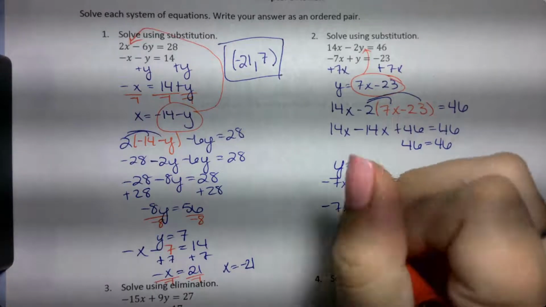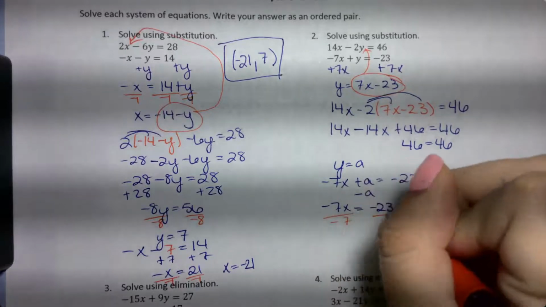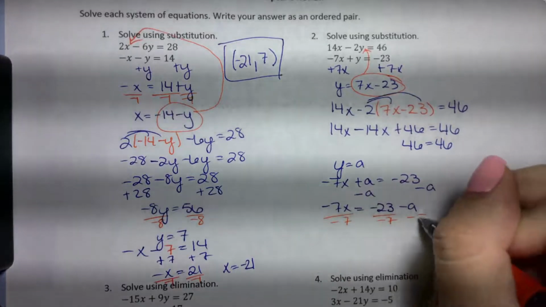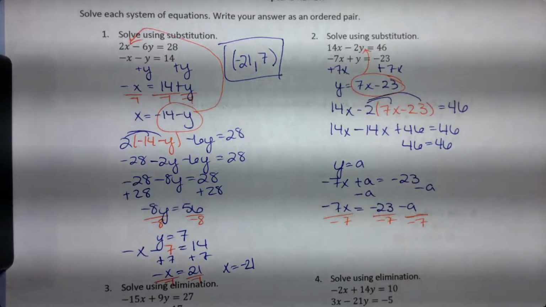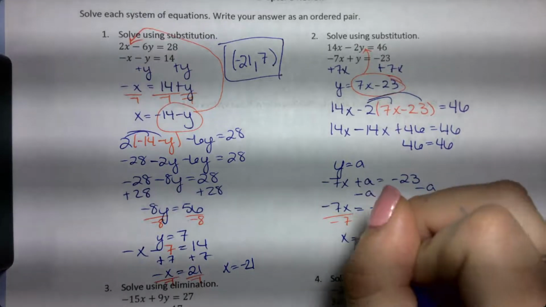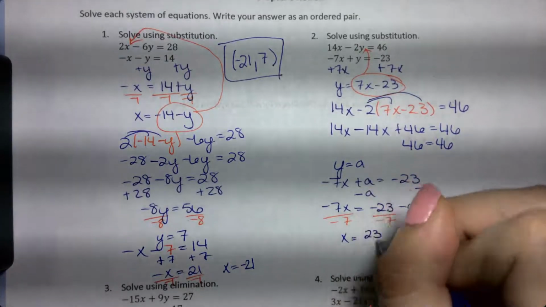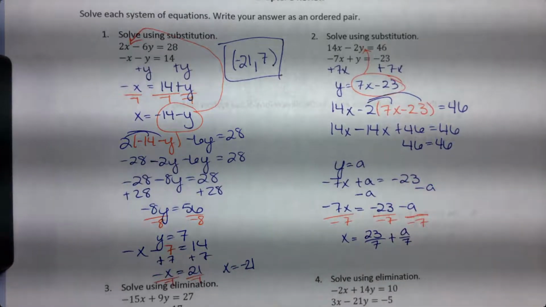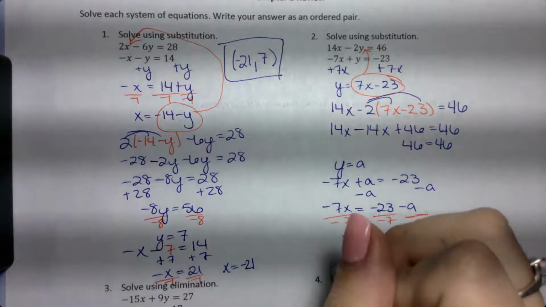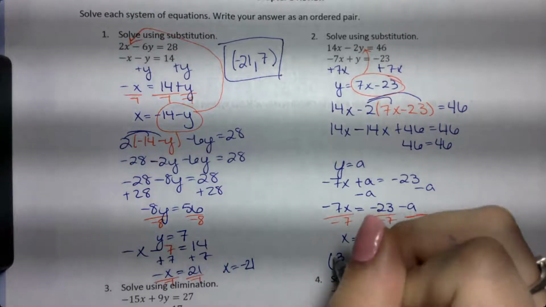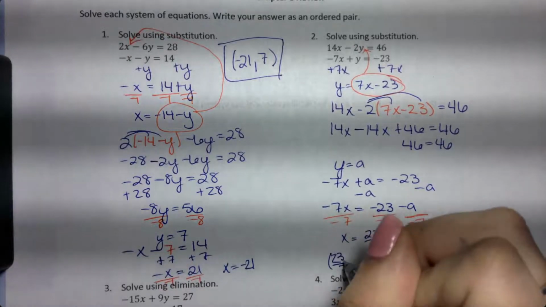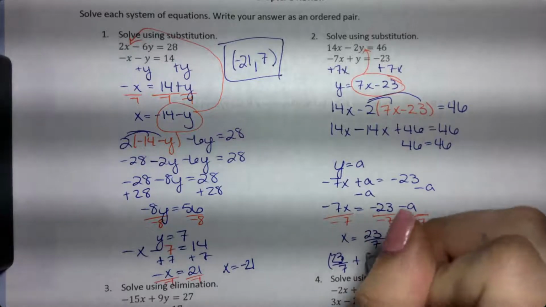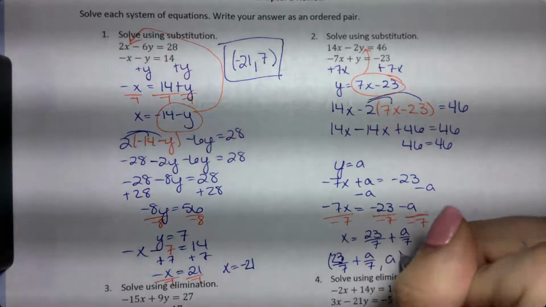Go ahead and divide everything by negative 7. This gets me x equals positive 23 over 7 plus a over 7. So now I can write this as a coordinate point. I get 23 over 7 plus a over 7, comma a.